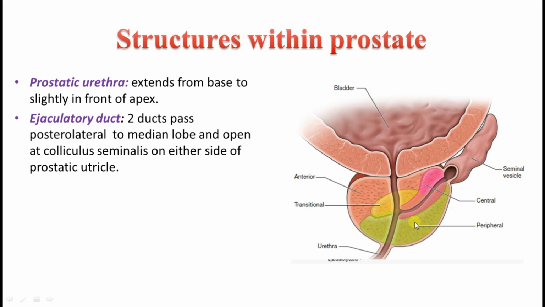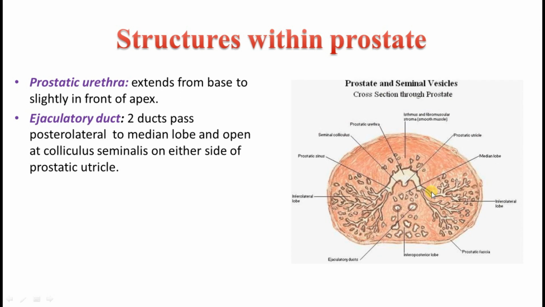Then one of the other structures piercing is the ejaculatory duct, which you are able to see here. The ejaculatory duct, as I told you, is a combination of the seminal vesicle and the vas deferens. It passes posterolateral to the median lobe. So the median lobe posterolaterally is bounded by the ejaculatory duct on one side and the ejaculatory duct on the opposite side. These two form the posterolateral boundaries.